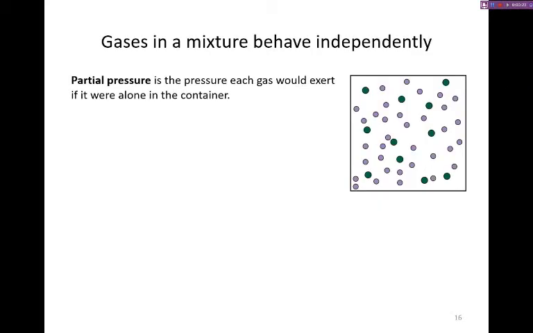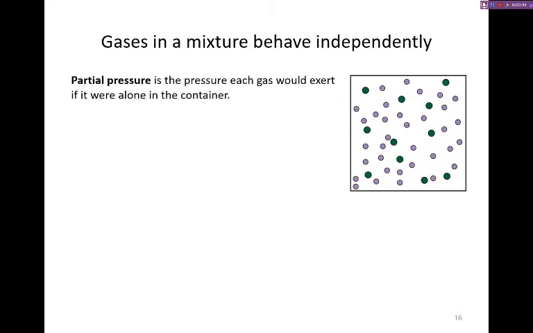In the most recent video, we talked about the ideal gas law and how ideal gases are gases that behave as though the particles themselves do not take up space and there's no intermolecular forces between them. Because of this, when gases behave ideally, they also behave independently of each other.